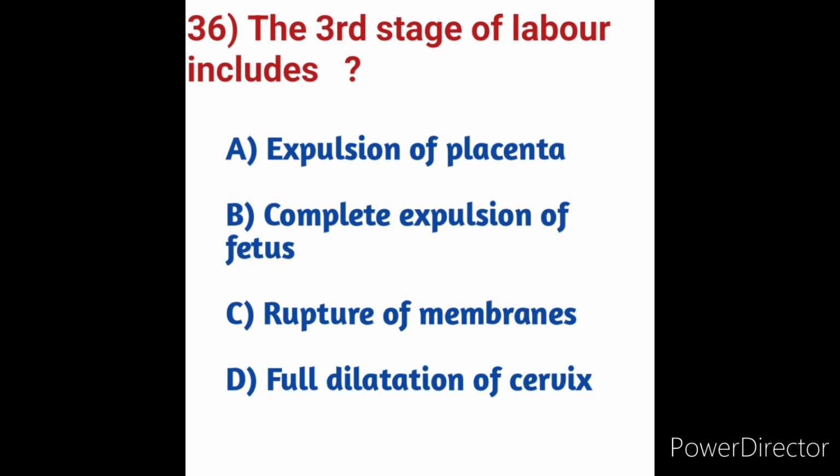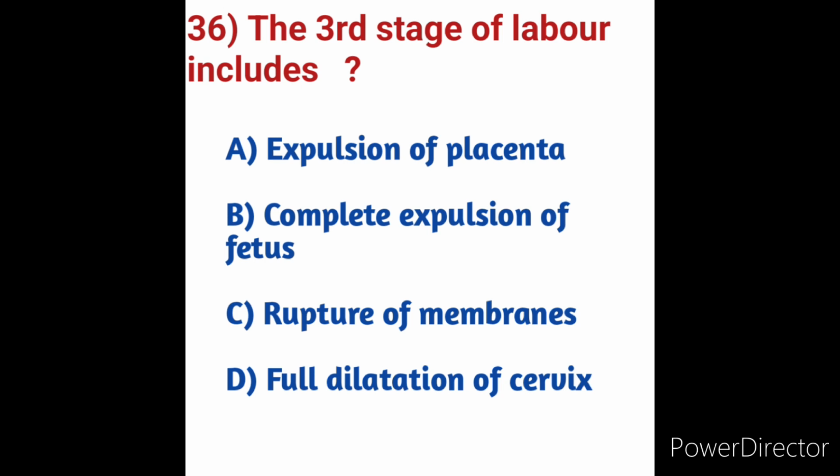Labor is divided into 4 stages: Stage 1, Stage 2, Stage 3 and Stage 4. The first stage of labor includes full dilatation of the cervix. Second stage of labor means complete expulsion of fetus.